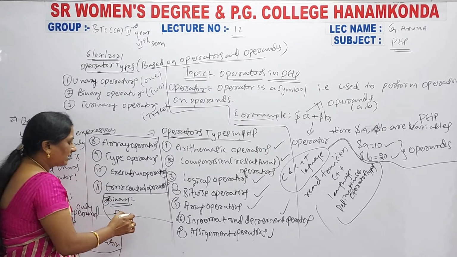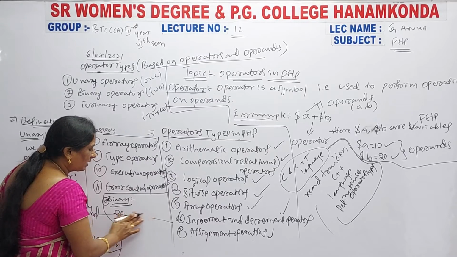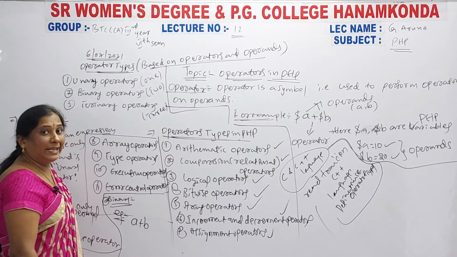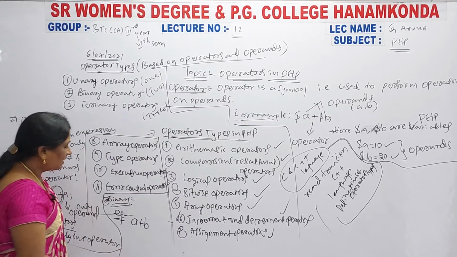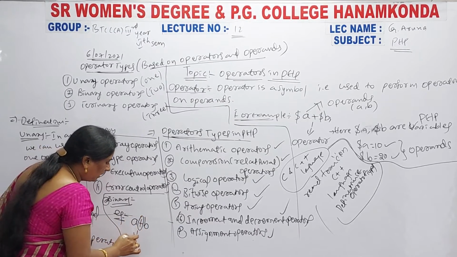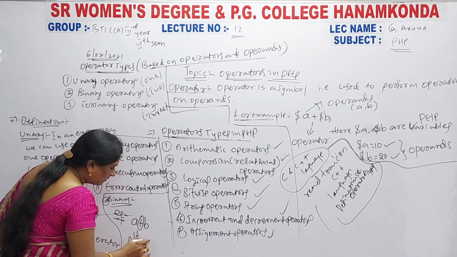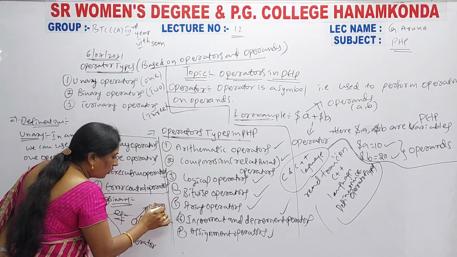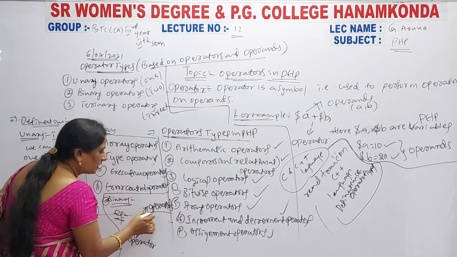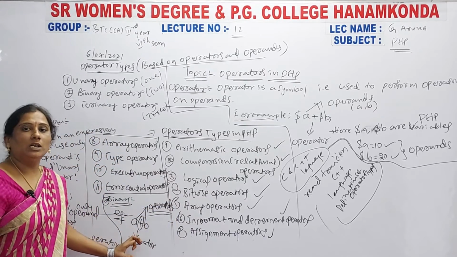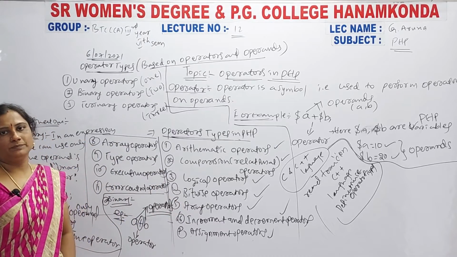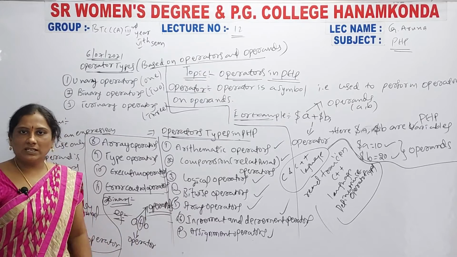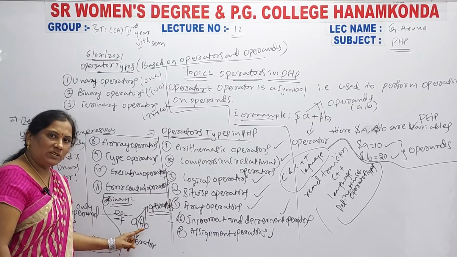For example, here a plus b. In a plus b, we use only one operator, but how many operands can be used? 2 operands can be used here. So that's why this is called a binary operator. Clear? In that we are using plus.